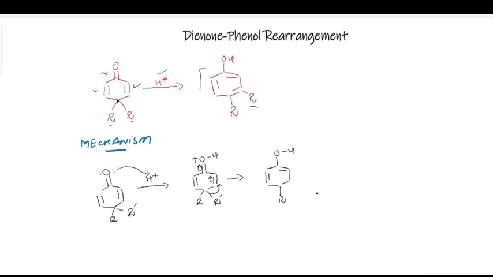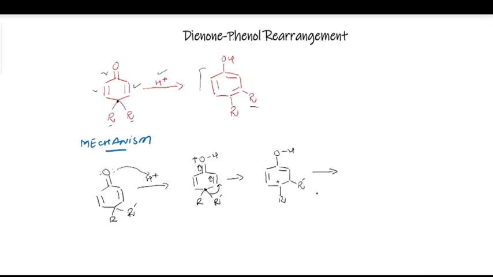And we have an R group attached at this position now, because this R group has migrated in the form of a nucleophile along with the electrons. So this carbon, which was initially the tertiary carbon, has been left without electrons, so it gets a positive charge. A carbocation is generated here.